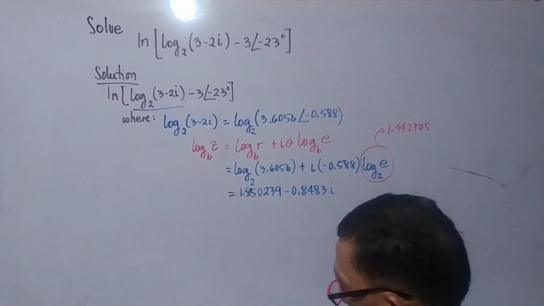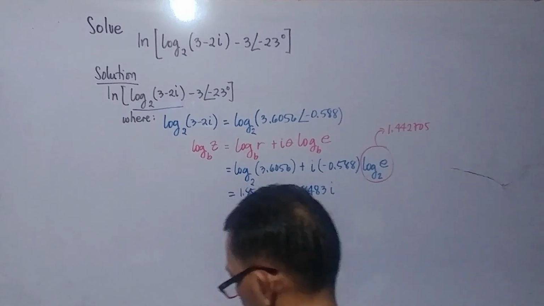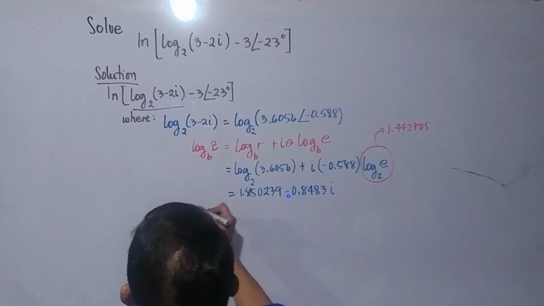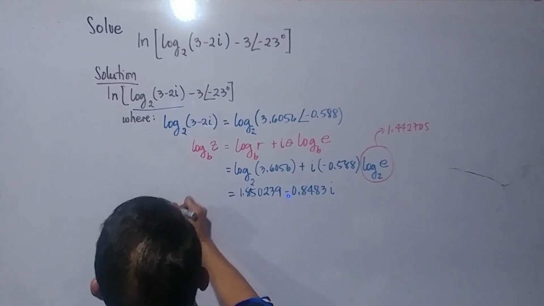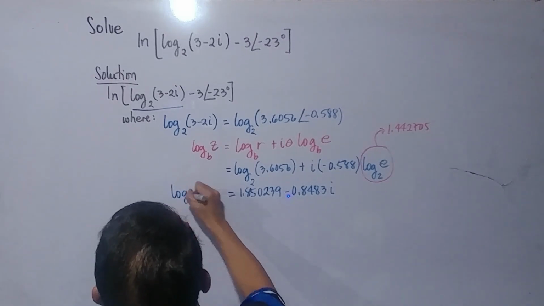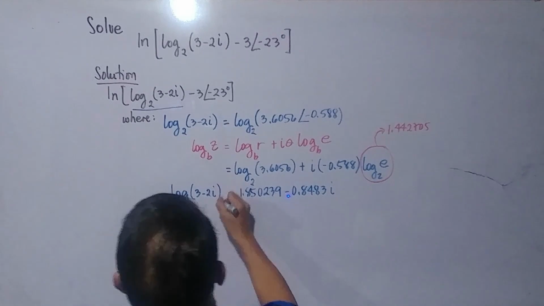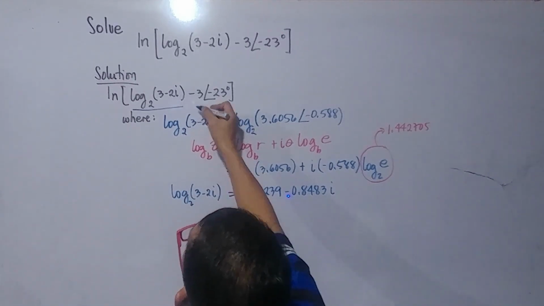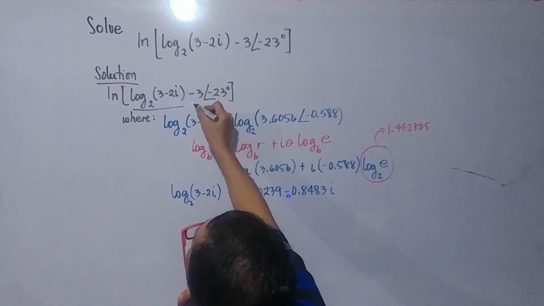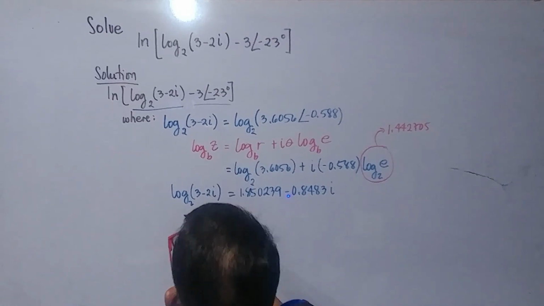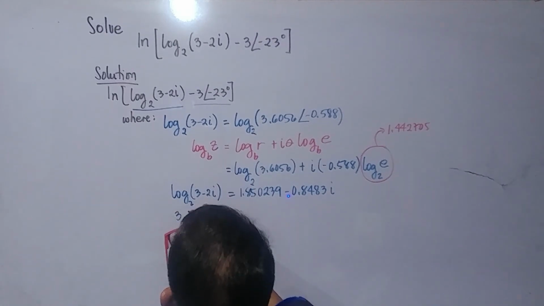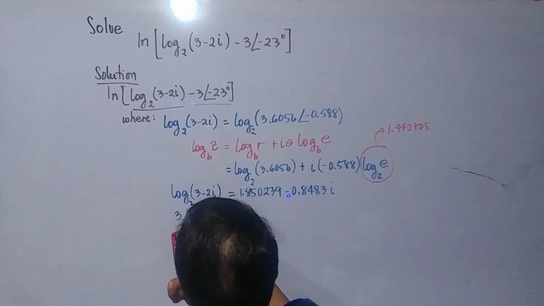Next one is for the 3, we will proceed now with this one. So we have 3 angle of negative 23.